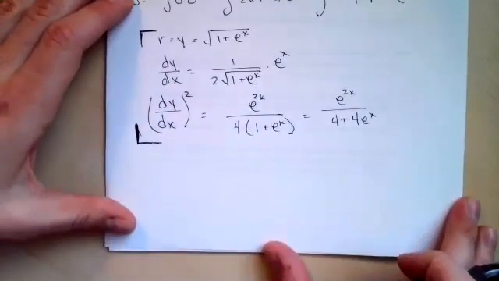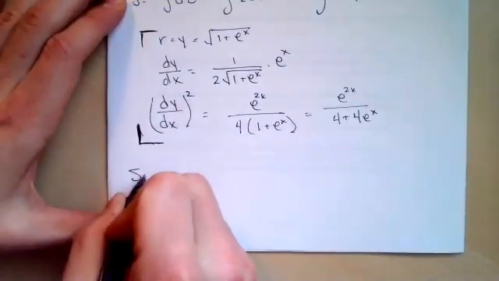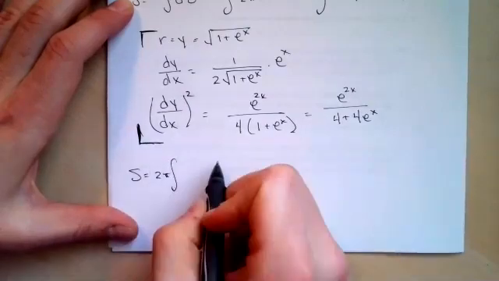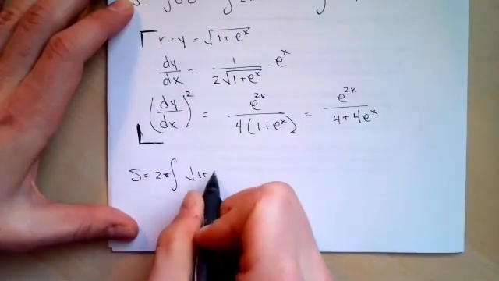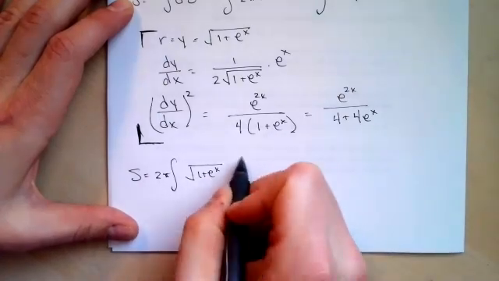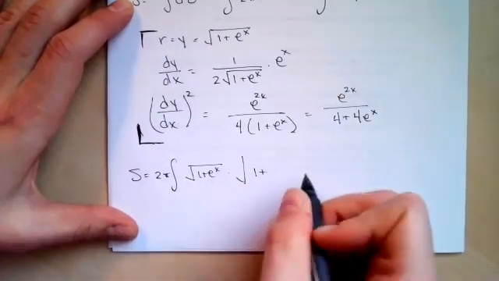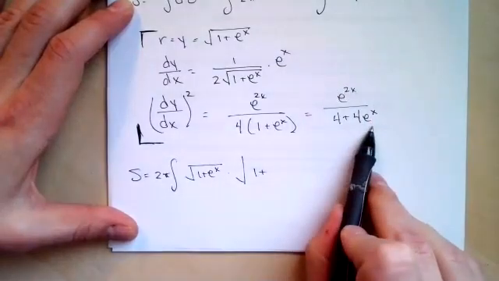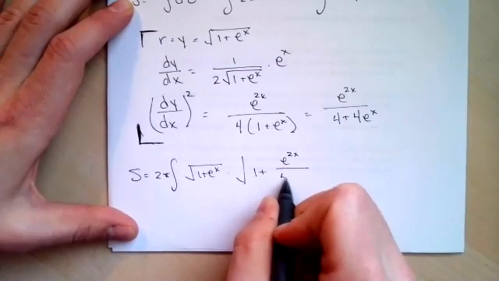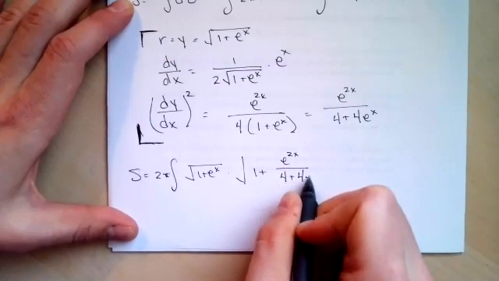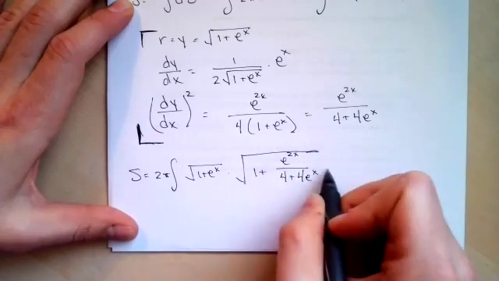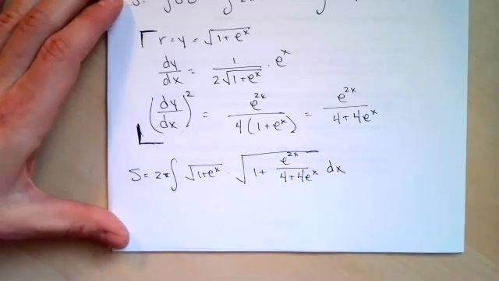Let's go ahead and write our integral. So our surface area now, integral of 2 pi, we're going to bring out our radius, square root of 1 plus e to the x, times the square root of 1 plus, now dy dx squared is just this term. And then we've got our dx.